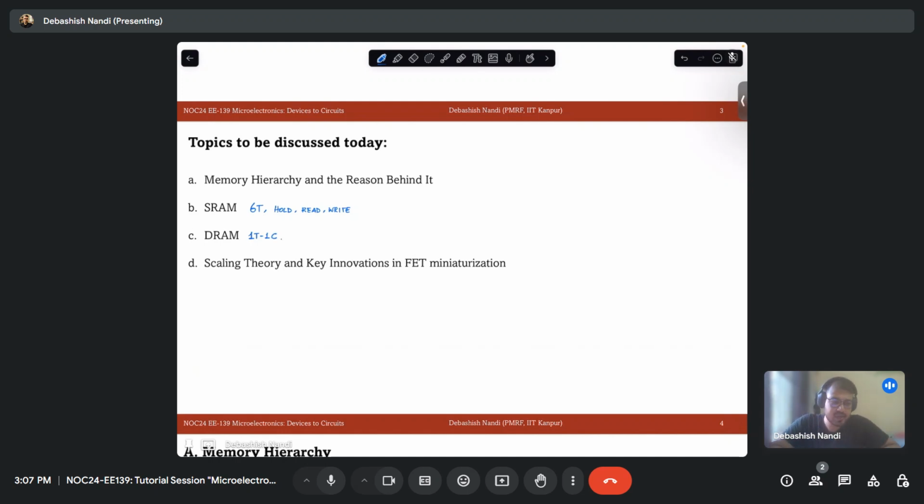And we'll explain what the dynamic part is, what the random access part is, what the memory is and everything, right? What is volatile, what is non-volatile. And then we'll conclude our discussion today by looking into the scaling theory that was very early, in the 1970s. It was proposed by Robert Dennard, who was an IBM fellow.